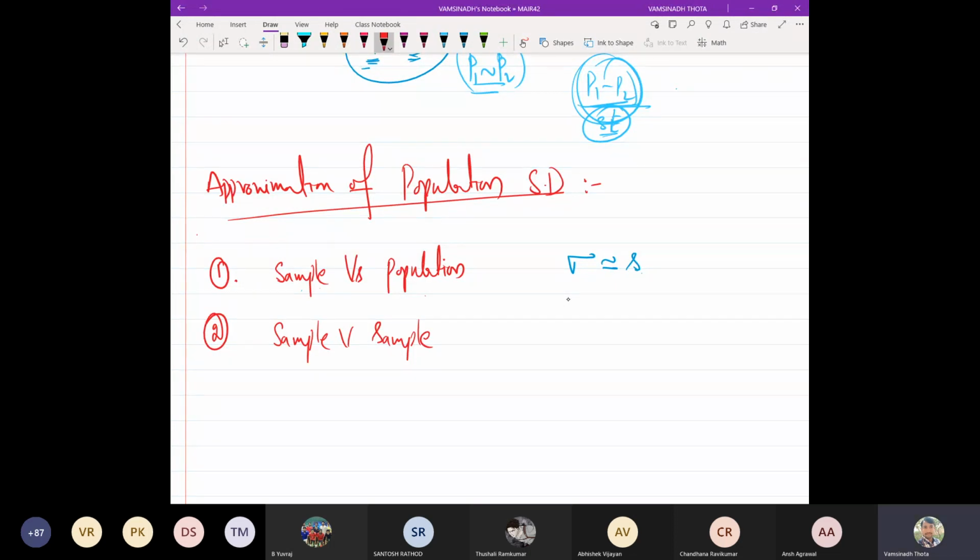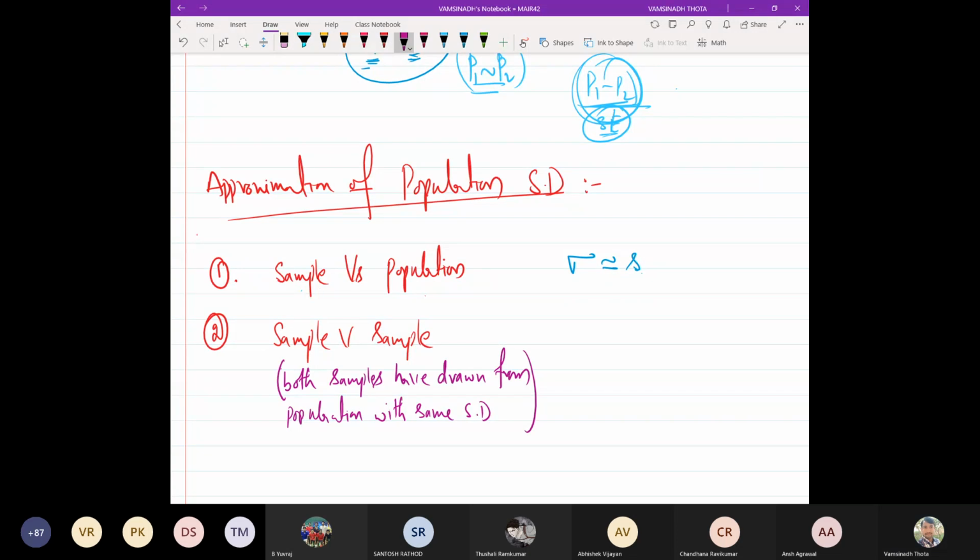In addition, if some information is given that both samples have been drawn from populations with the same standard deviation, so sigma 1 square is equal to sigma 2 square, that is nothing but sigma square.